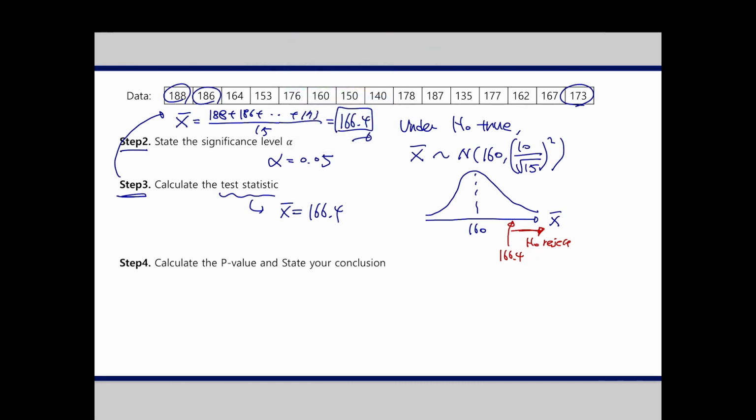So the standard normal distribution, that is Z equals X bar minus mu over the standard error.